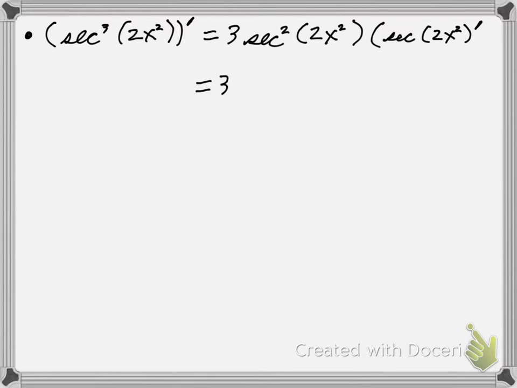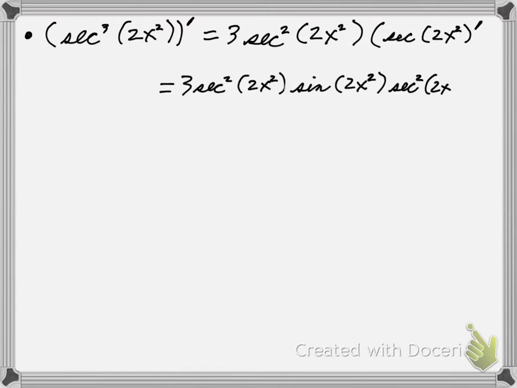So this is the derivative of secant 2x squared. Then to take the derivative of secant 2x squared, use the chain rule again. Let 2x squared be your u, so then you're taking the derivative of secant of u. The derivative of secant is sine over cosine squared. You can also write that as sine secant squared, and that's what I'm going to do. And then, of course, since you use chain rule, multiply by the derivative of what you chose to be your u.